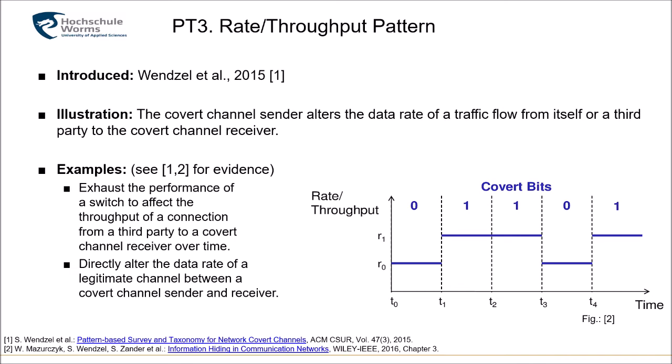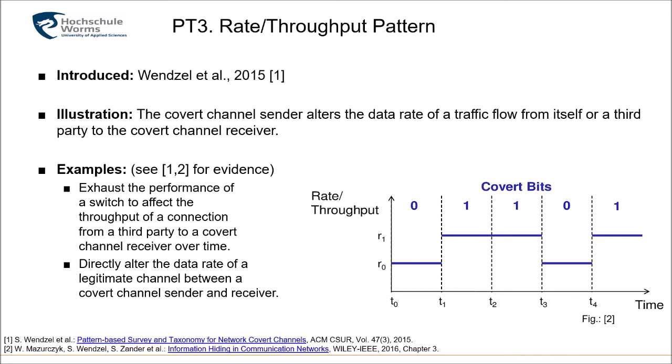There's research work that shows that this works, and so the covert sender could, by influencing the rate of the traffic that it sends, influence the behavior of the remaining network that could interpret performance degradation as secret data.